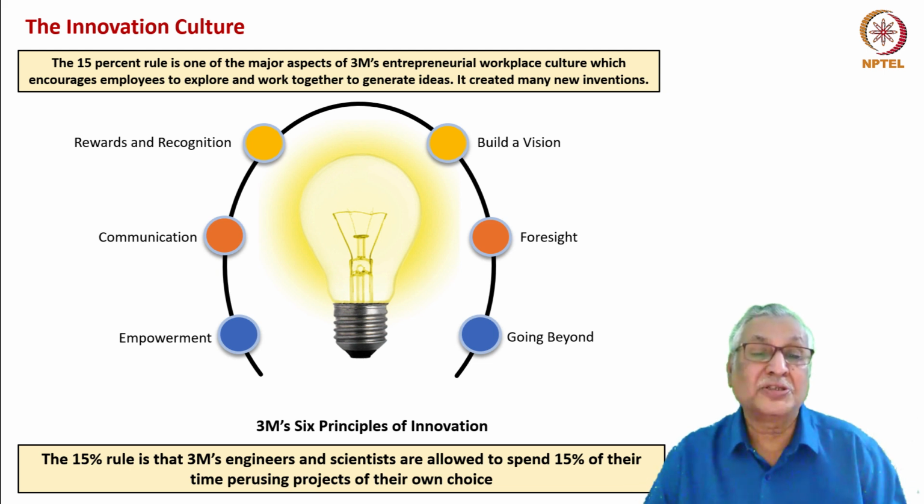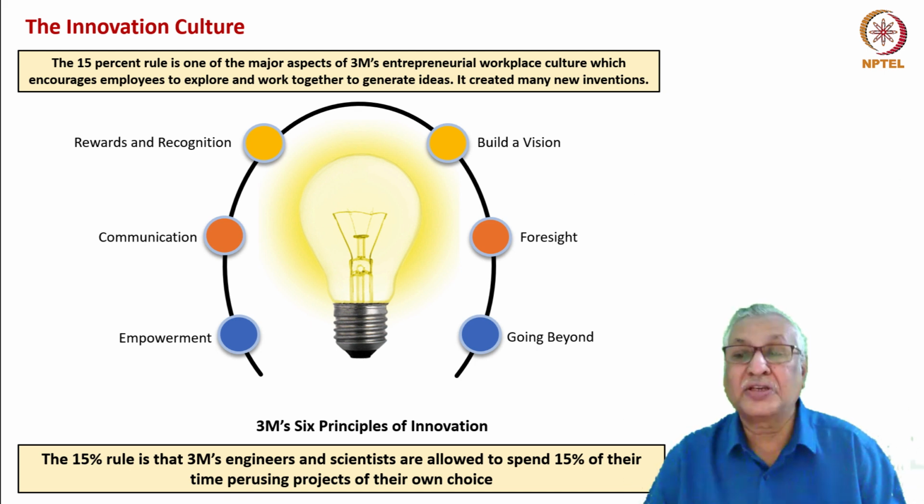Then the innovation culture. Every company should dictate to its people that its time should be adequately spent on innovation. One of the most innovative companies in the world, 3M, has a 15% rule. It is one of the major aspects of 3M's entrepreneurial workplace culture, and this encourages employees to explore and work together to generate ideas.